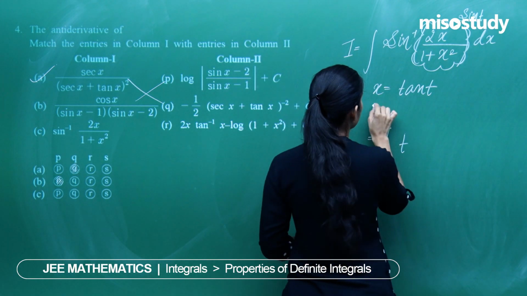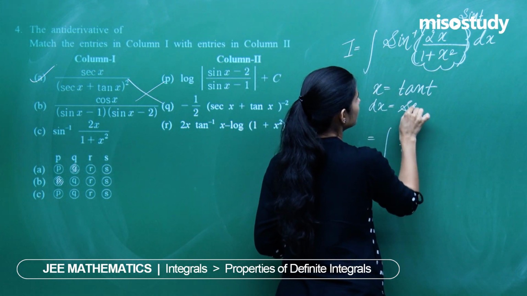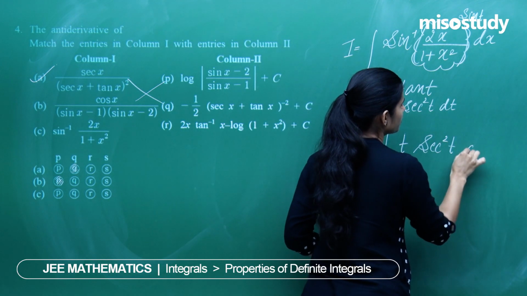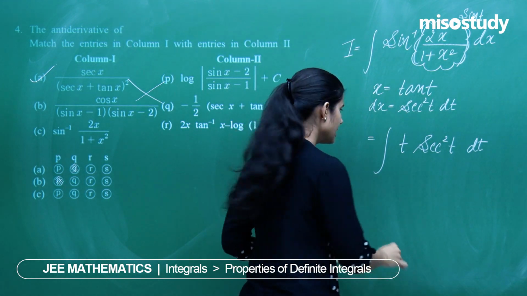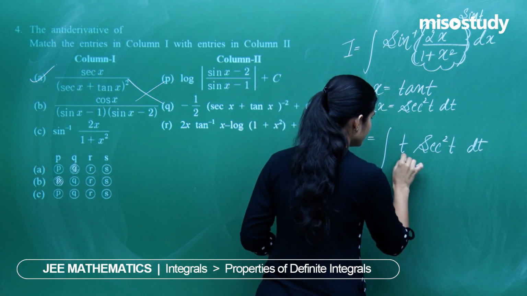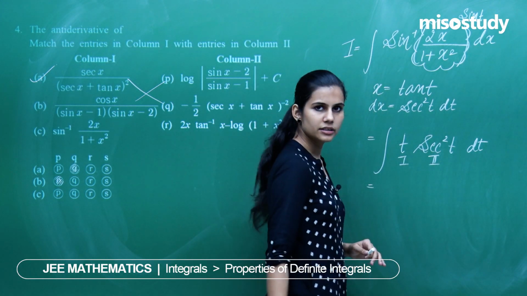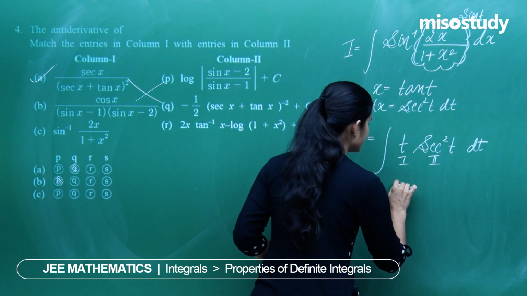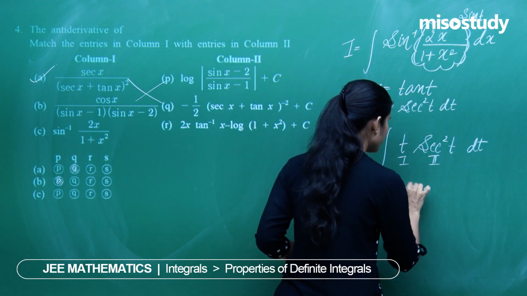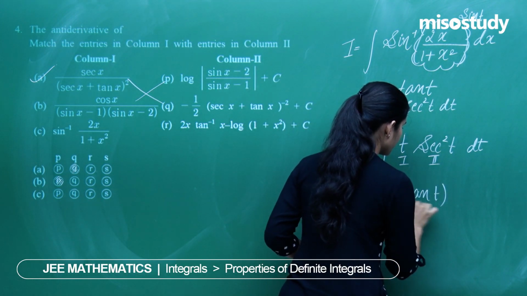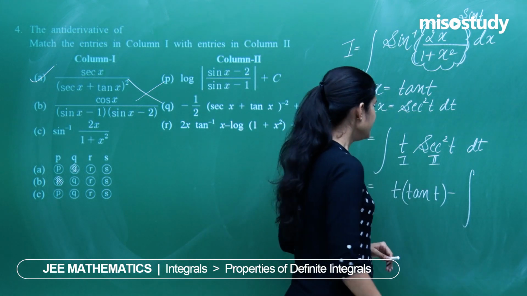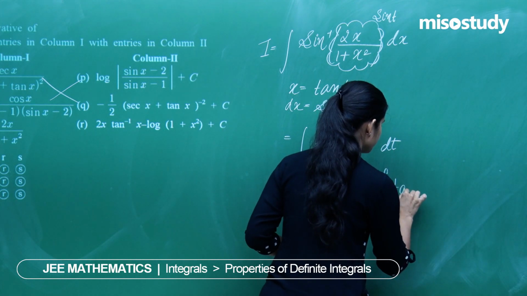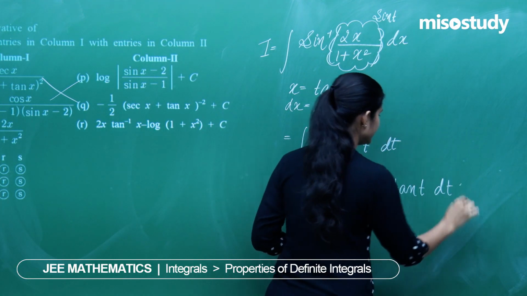What about dx? This is dx equals sec square t dt. So write it down, sec square t dt. When you open this up by parts, this is the first function, this is the second function. You take algebraic first, a comes before t. So first function into integration of second minus integration of differentiation of first function into integration of second dt.